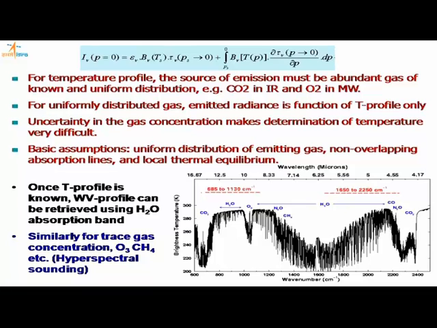Water vapor is a highly variable gas in the atmosphere, and we want to measure it using sounding measurements in this band. In this set of equations, the radiance is known, and the temperature is known, because we have already computed the temperature profile from measurements in the CO2 absorption band.